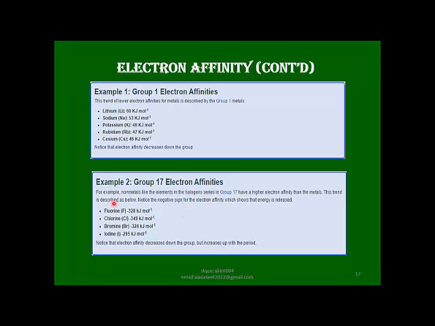What is the explanation behind this fluorine? Although we don't need it, let's just try to understand it. Fluorine has a very small atomic radius, and the electron in fluorine has a perfect configuration such that it is difficult to add an electron to fluorine.